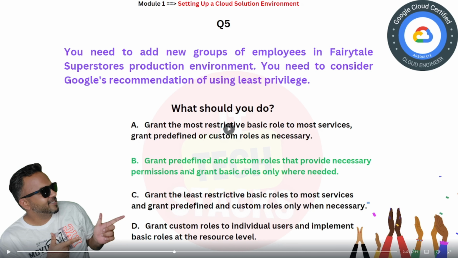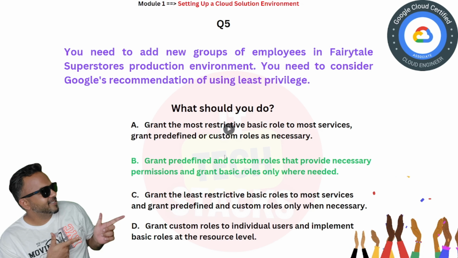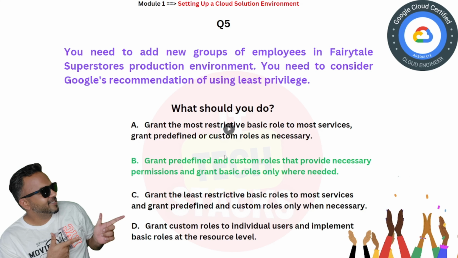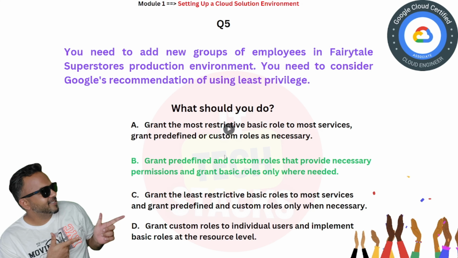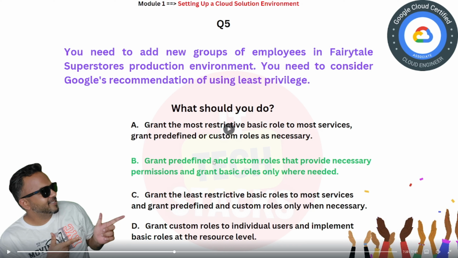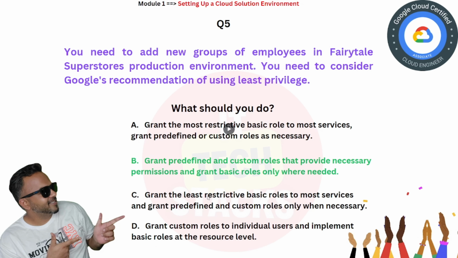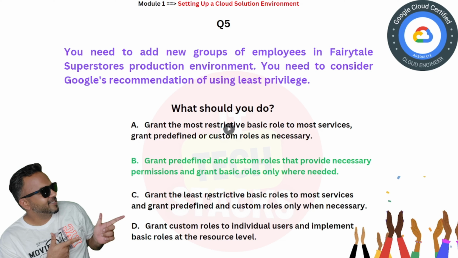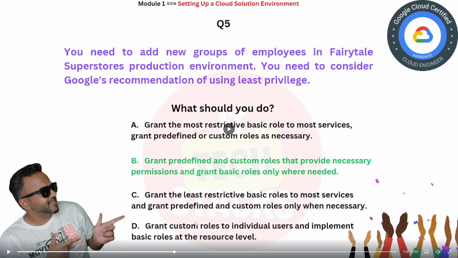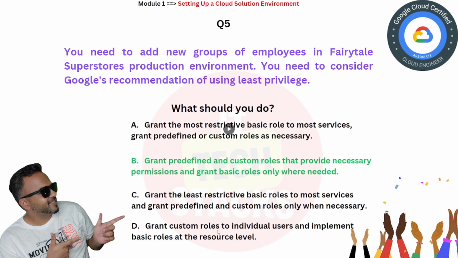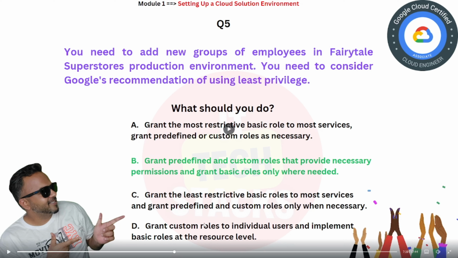Option B is the correct option. Congratulations. Basic roles are broad and don't use the concept of least privilege. You should grant only the roles that someone needs through predefined and custom roles. Option C is incorrect because basic roles apply at the project level and do not provide least privilege. Option D is also incorrect because you should see if a predefined role meets your needs before implementing a custom role.